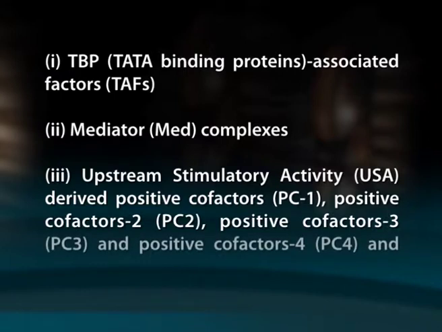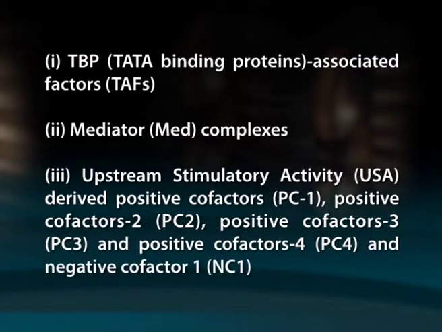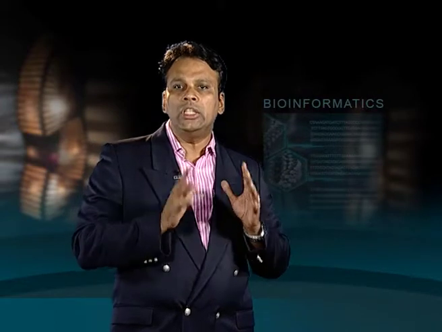Upstream stimulatory activity derived positive cofactors such as PC1, PC2, PC3 and PC4, and negative cofactor 1, which is known as NC1, normally function independently or in combination to fine tune the promoter activity in a gene specific or cell type specific manner. Cofactors are required for the transmission of regulatory signals between the gene specific activators and general transcription machinery.